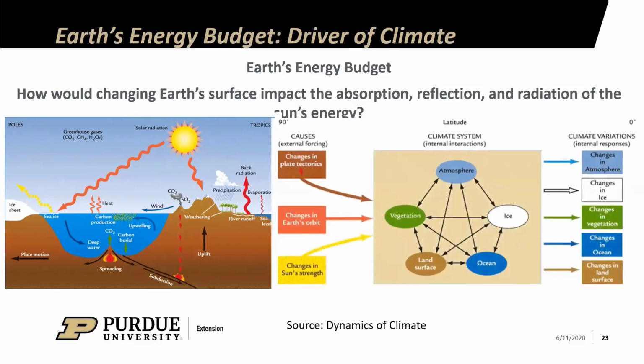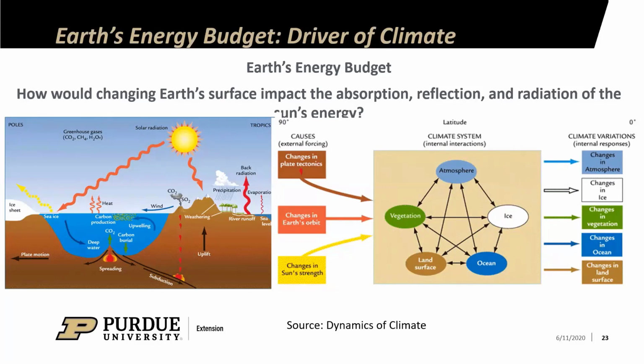But it's important to note that if we change or have an external forcing on one portion of the climate system, and here you see what I referred to in curriculum development as the climate pentagram, changing a land surface is then going to change vegetation, the atmosphere directly above that land surface, potential for ice formation or melt, and any nearby oceanic or water body.